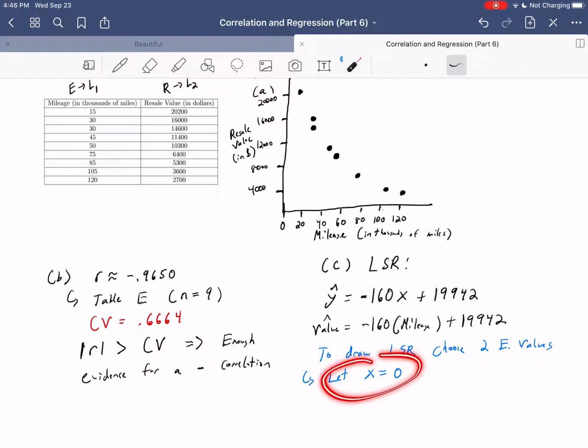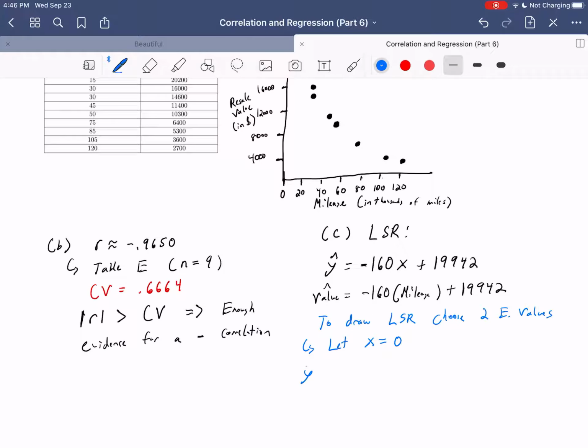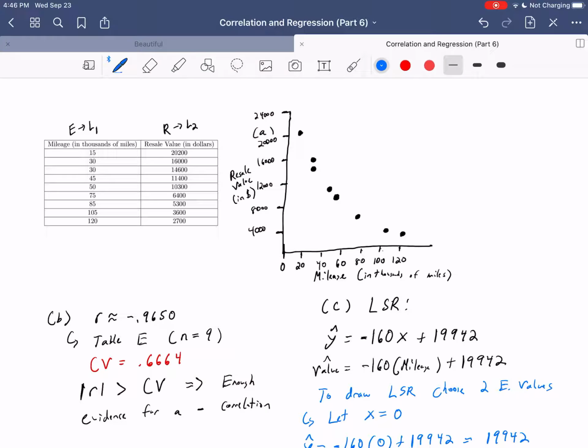Why am I choosing x equals 0? Because that's where I started my axis, so I might as well do that to make it nice and easy. Plus, plugging in 0 is always nice and easy. So the predicted y will be negative 160 times 0 plus 19,942, which is going to give me 19,942. So my first point is x is 0 and y is 19,942. Putting that on our graph, we should have something basically right there, right under that 20,000.